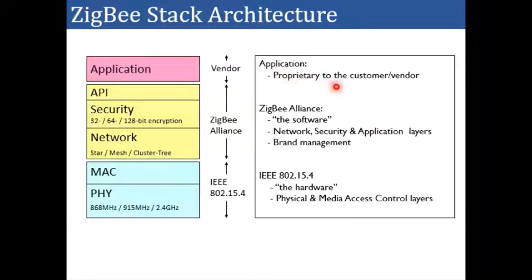So the application is proprietary to the customer or vendor, and the network security and APS layer is monitored and controlled by the Zigbee Alliance, which will give you the standard functions related to API, security and network layer.